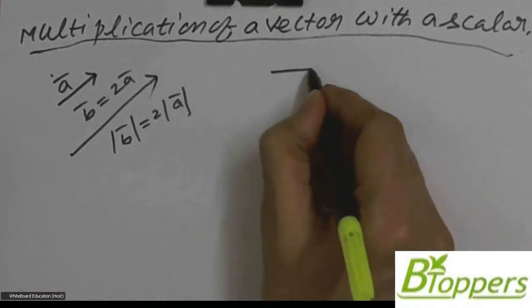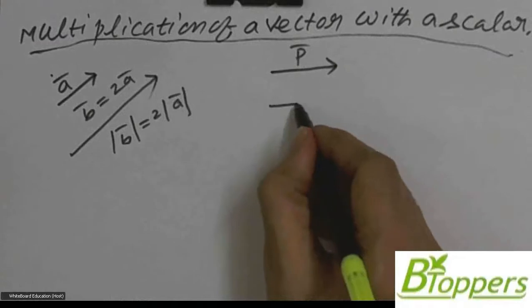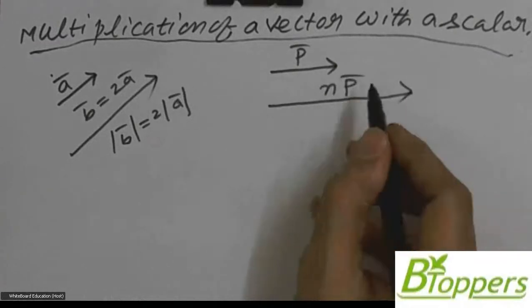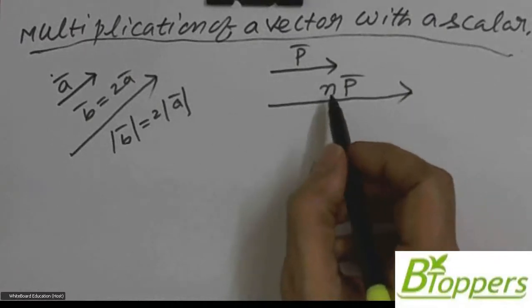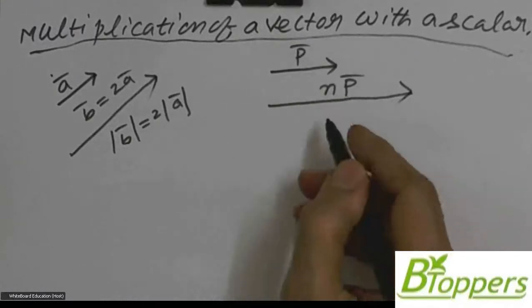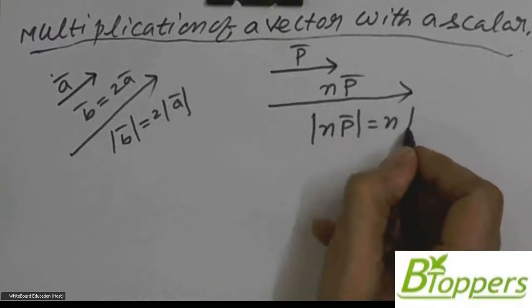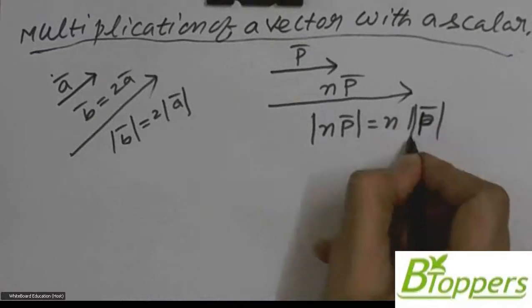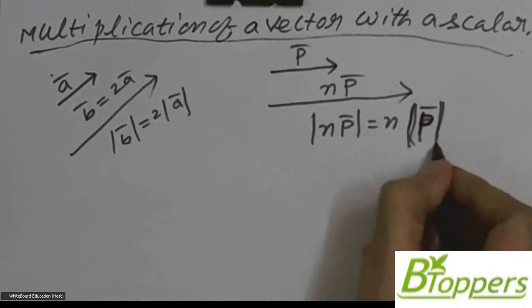So in general, if P bar is a vector and N is a positive scalar, then NP bar represents another vector which has the same direction as the vector P bar. But the modulus of vector NP bar is N times the modulus of vector P bar.